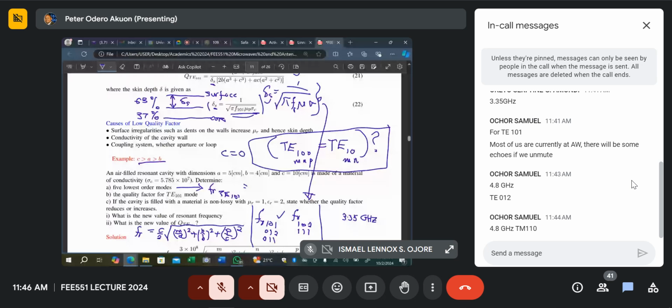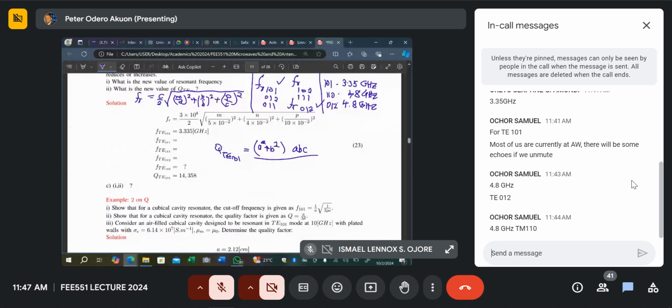It's A squared plus C squared, times ABC, over the skin depth times 2B into A cubed plus C cubed, plus AC into A squared plus C squared. Where the skin depth is?